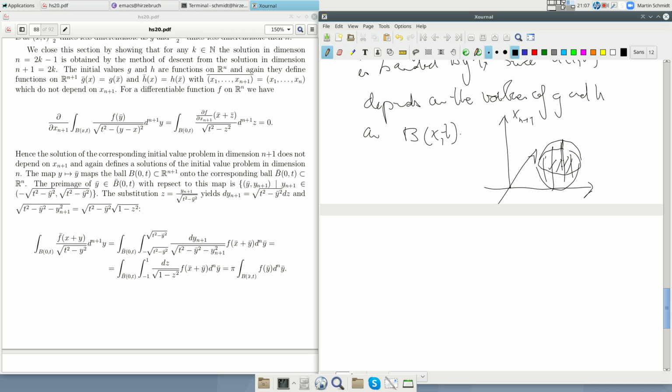We calculate the length of these lines, and then we integrate over the lower dimensional ball.